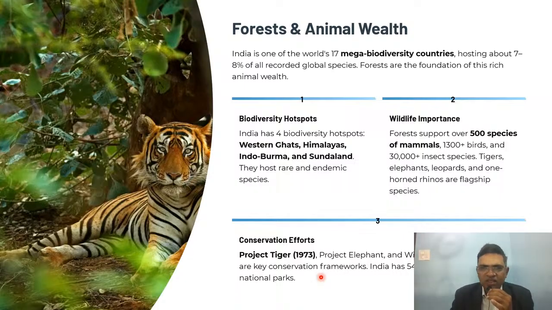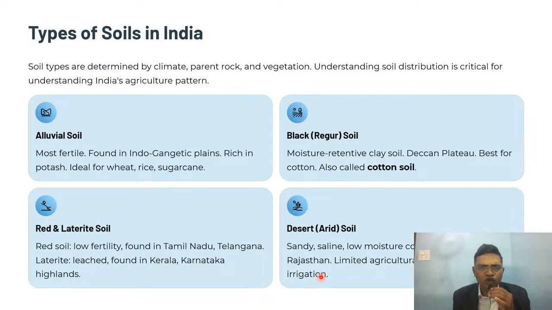Okay. Then we'll go to the types of soils in India. So the soils are determined by the climate, parent rock, and vegetation. So there are four types of soils in India basically.